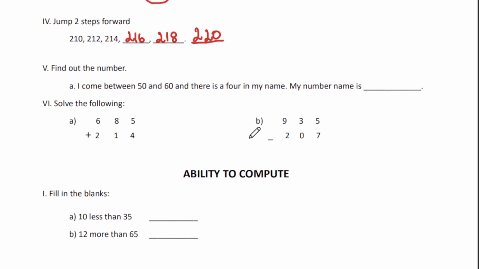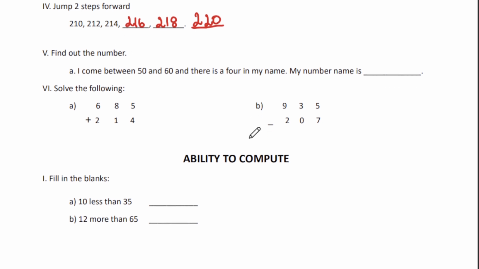Okay, easy. Next, I come between 50 and 60 and there is 4 in my name. My name is, okay, I come between 50 and 60. So we'll write the numbers between 50 and 60.